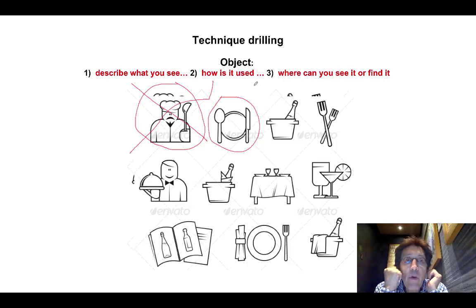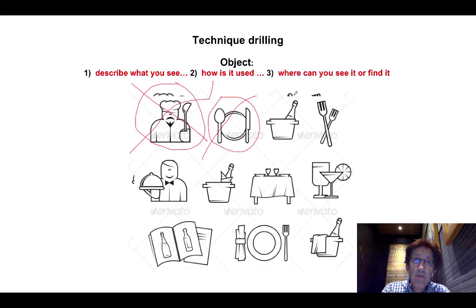Okay, good. And what is it used for? We use this to cut the meat. We put the meat in the plate and use the knife to cut the meat, and we use the spoon to pick the meat. Okay, very good. And where is it usually located? It's usually located in the kitchen or the restaurant table. Restaurant table, perfect.